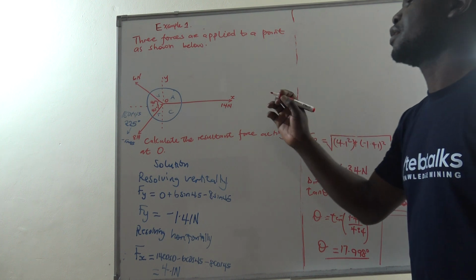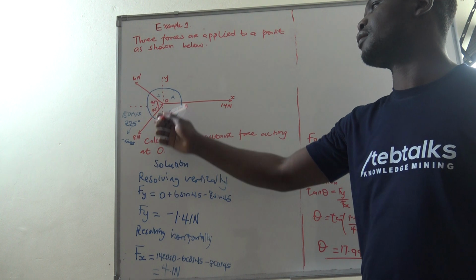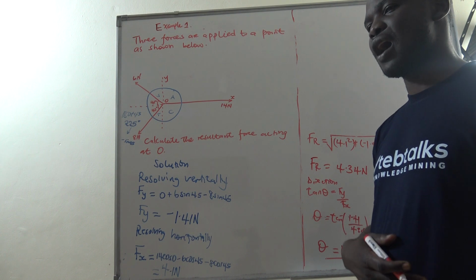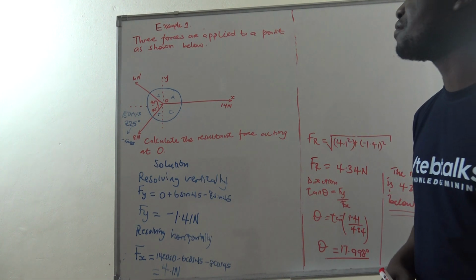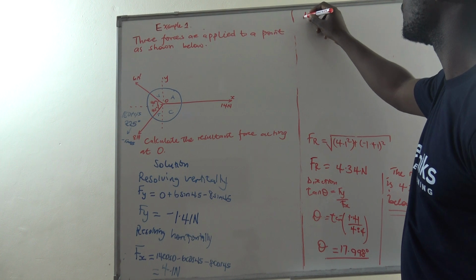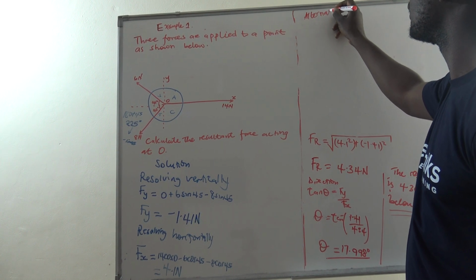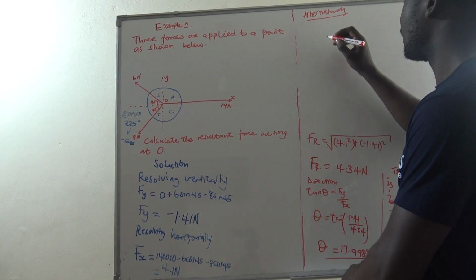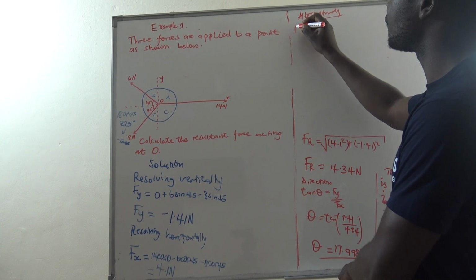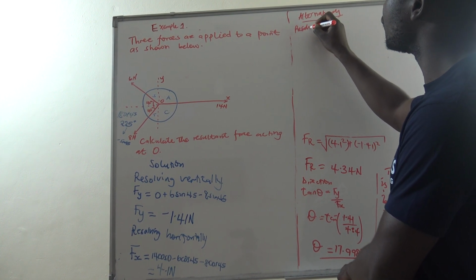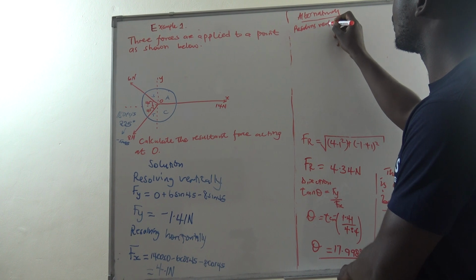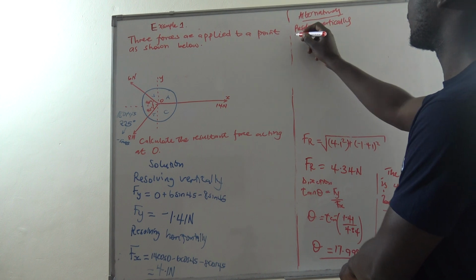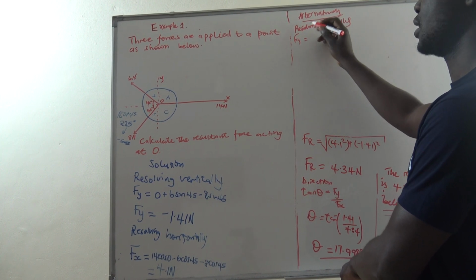Now, if you are not sure which trigonometric ratio is positive where, you can lump everything together. So let us resolve in another way. Let us begin with resolving vertically. To get Fy we use sine.